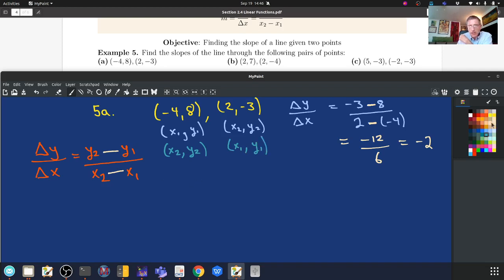Then our formula for slope, so I'll write slope because that's what this ratio is, the change in y over the change in x, the ratio of the rise to the run. y2, which is 8, minus y1, which is -3, over x2, which is -4, minus x1, which is 2.